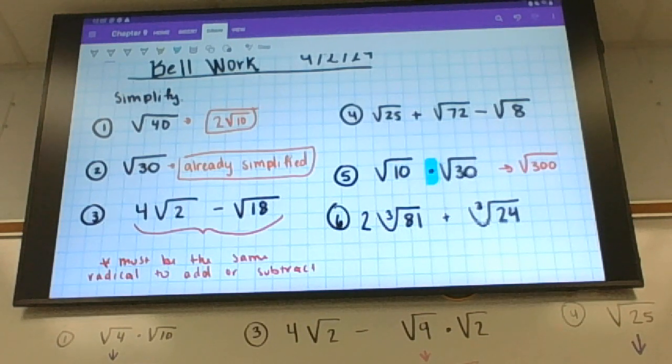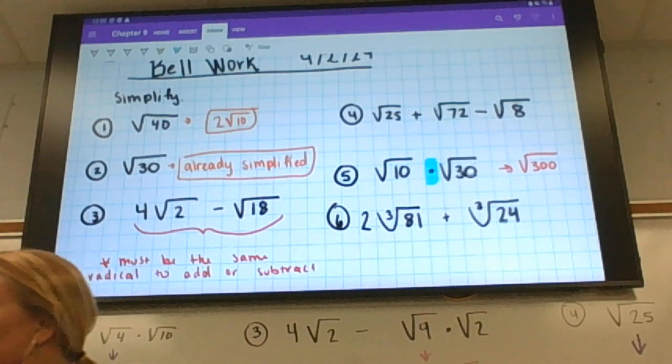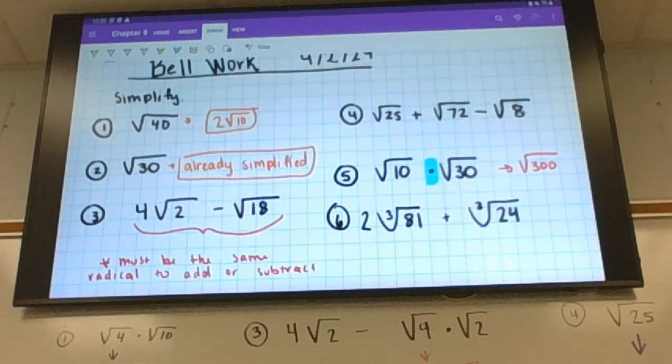So I want to make this 300. I'm not going to cover it, but you can look at it. It's in the 9.1. If you look, there should be a couple of examples. But it's talked about a lot in algebra.